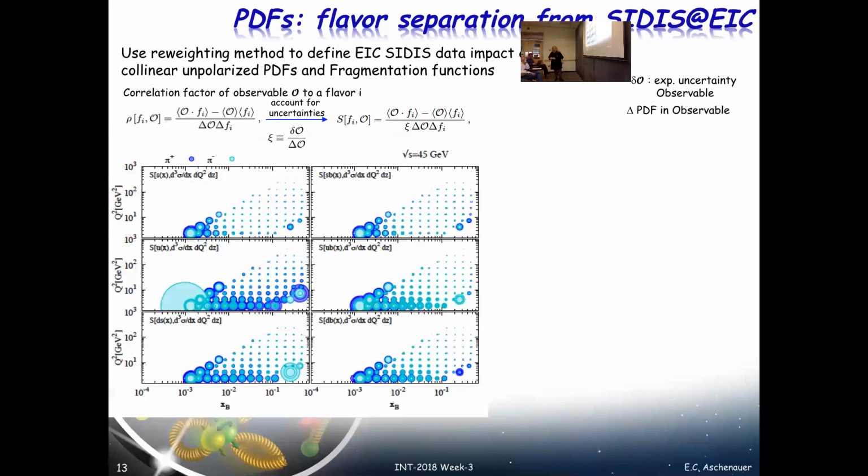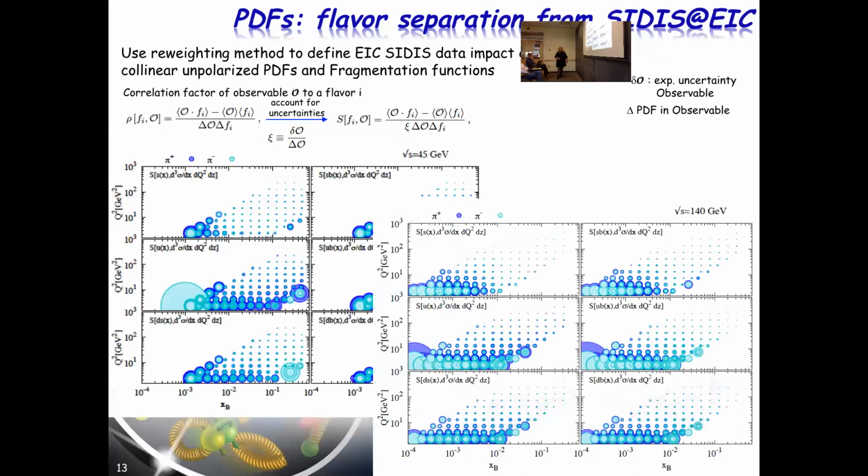And where you have smaller ones, the things are already very well determined. So that is for pions. And of course, pions wouldn't have so much impact on strangeness. And that is for 45 GeV. What you see is that the correlation to u and u bar and also d and d bar is larger.